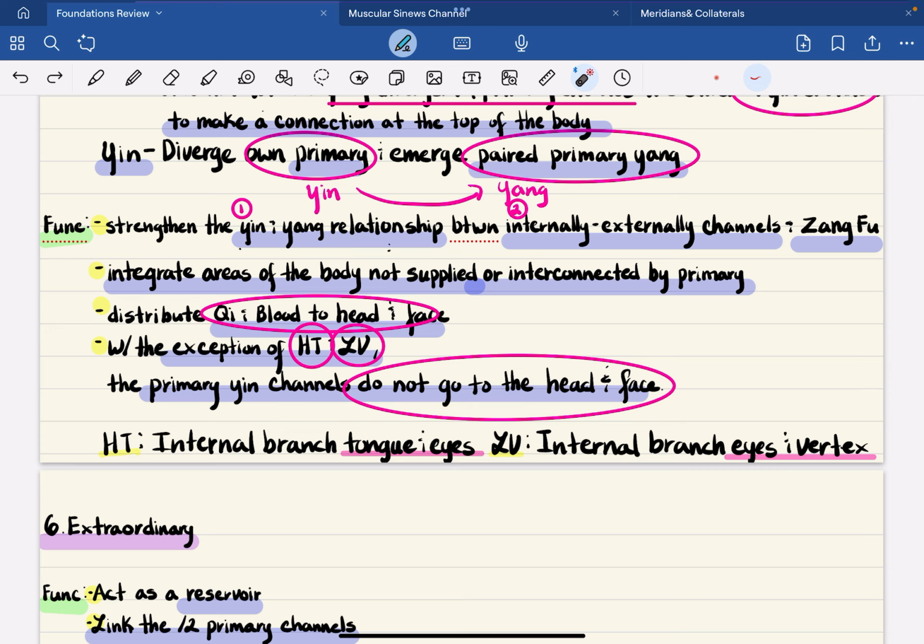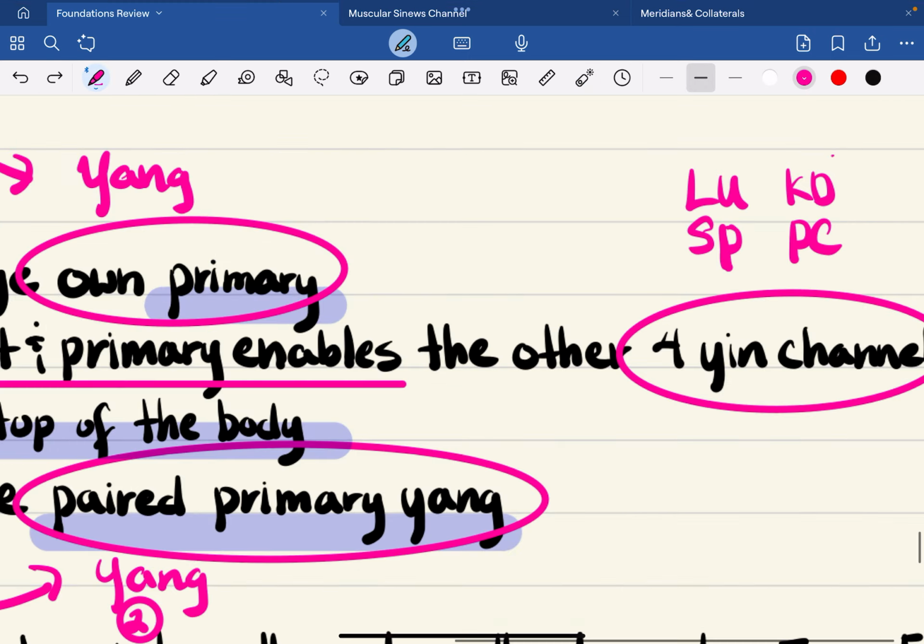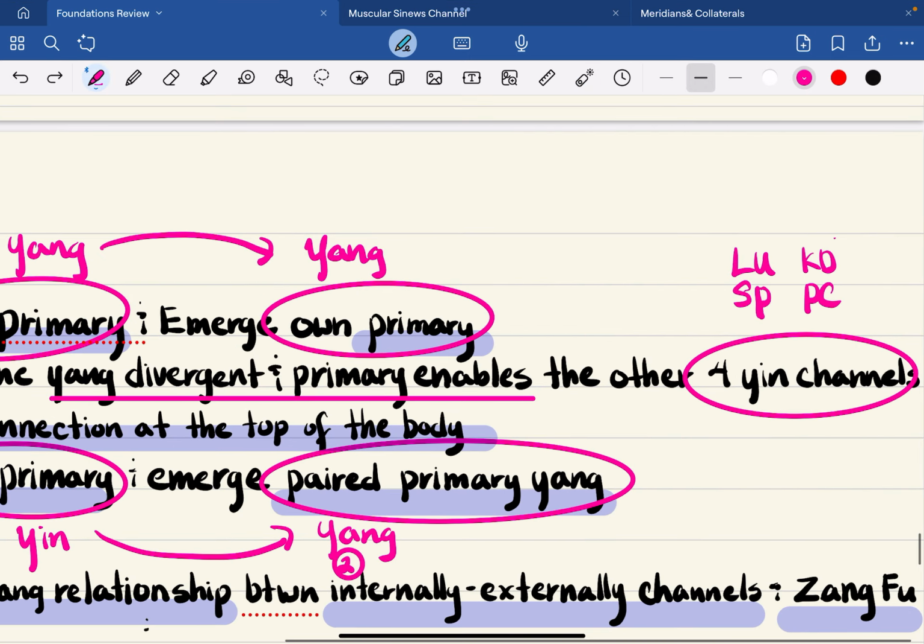And so the reason that this becomes this way, think about it. The heart and liver, without the yang turtle to ride on, can still go to the head and face. But these four here, they don't go to the head and face. So that's why this divergent channel is necessary. So these four, I'm going to write it in here.